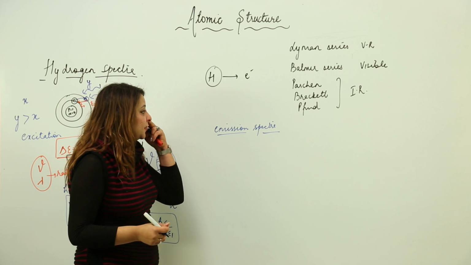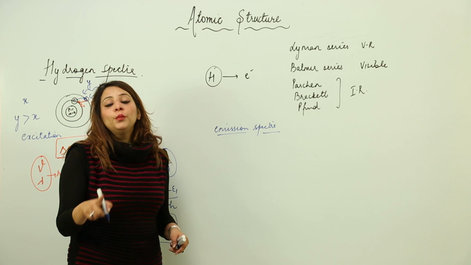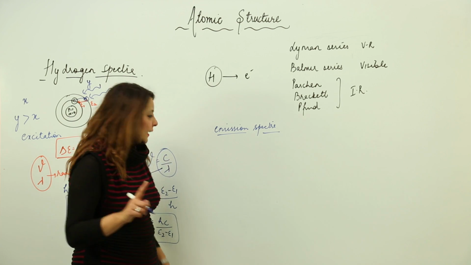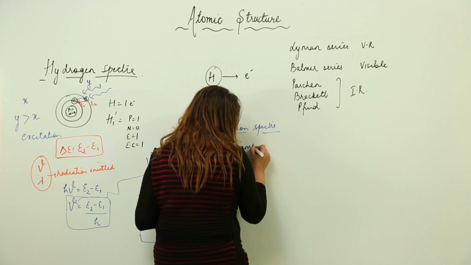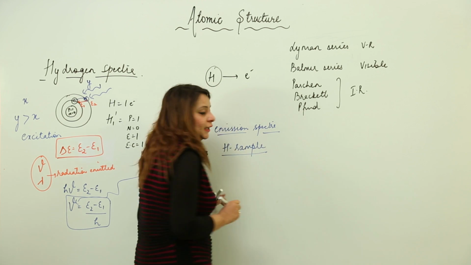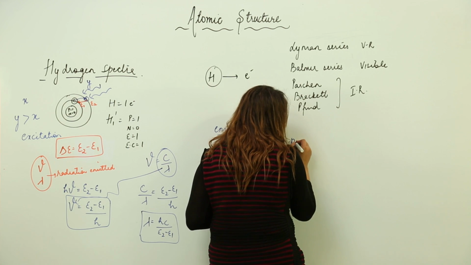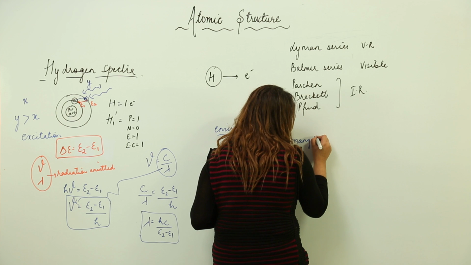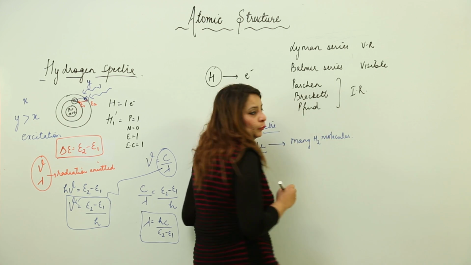When we are studying the emission spectra, we are not taking one hydrogen atom. Keep in mind, we are not taking one hydrogen atom. Instead of that, we are taking a hydrogen sample, and this sample will contain many hydrogen molecules.